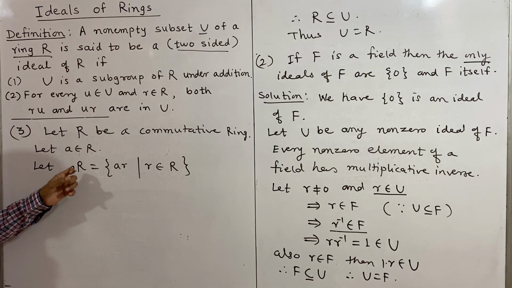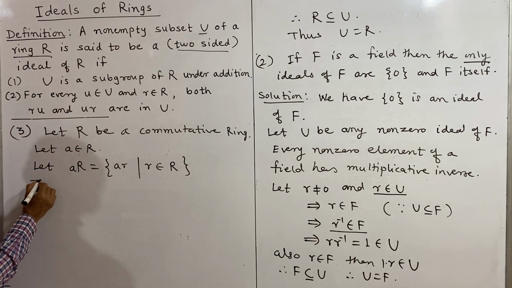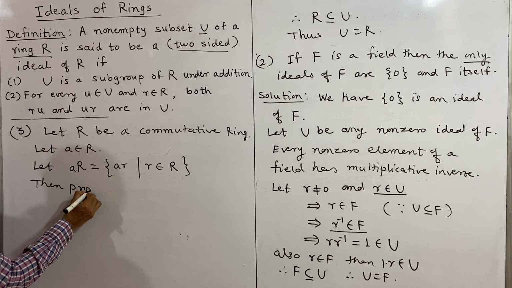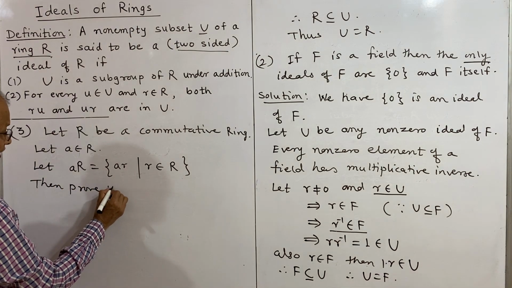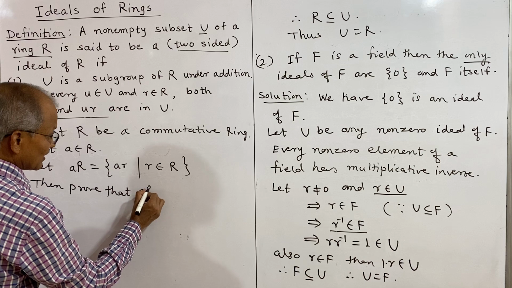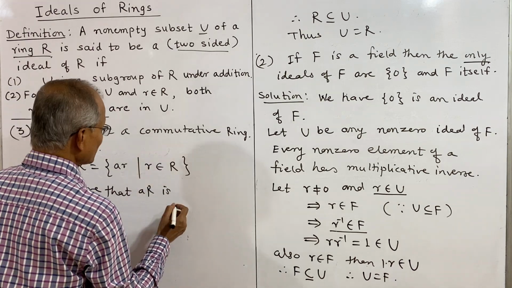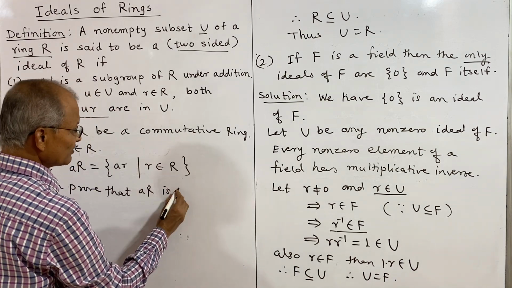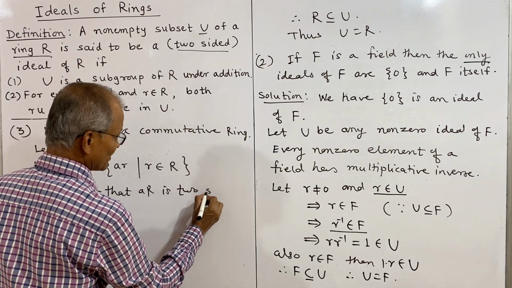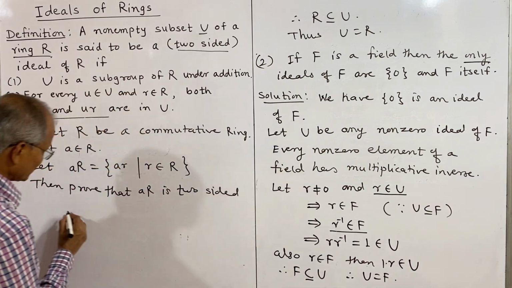Then this aR is an ideal of R. Then we may prove that aR is a two-sided ideal. Because it is commutative, it will be a two-sided ideal of R.